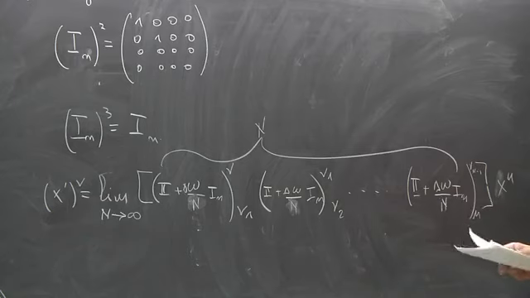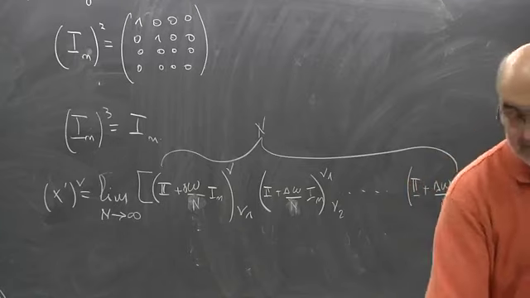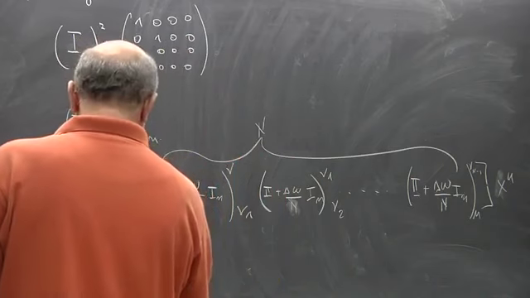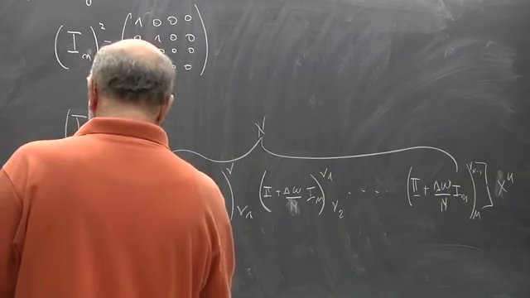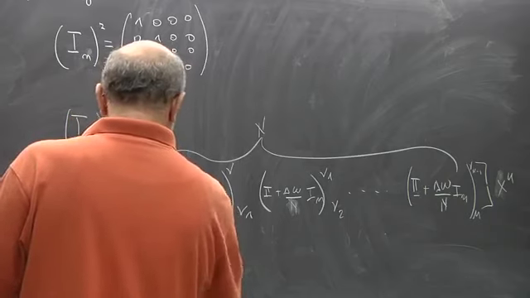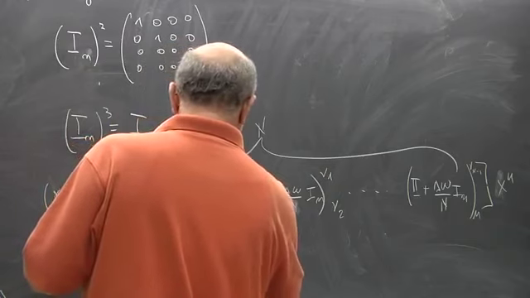Let's see what we get. Well, this is nothing else than the exponential, so you get exponential delta omega In, this is a huge matrix, called mu mu x mu.